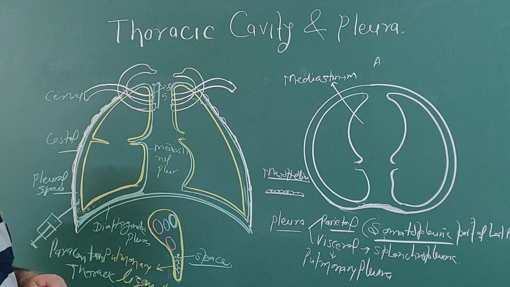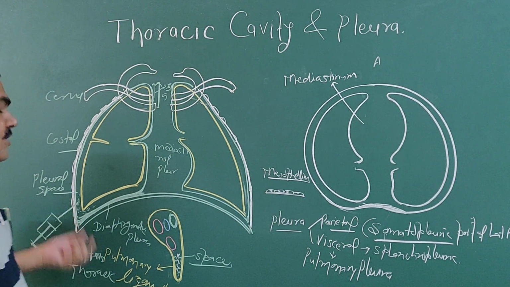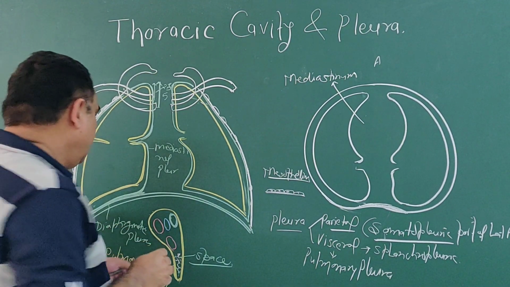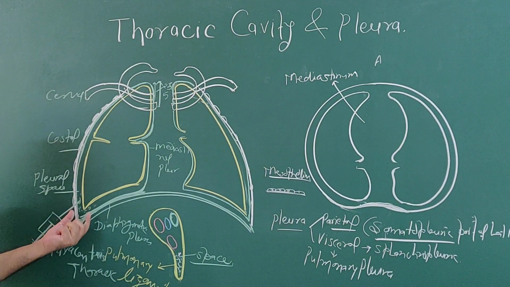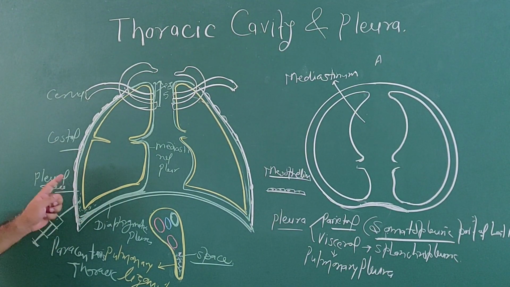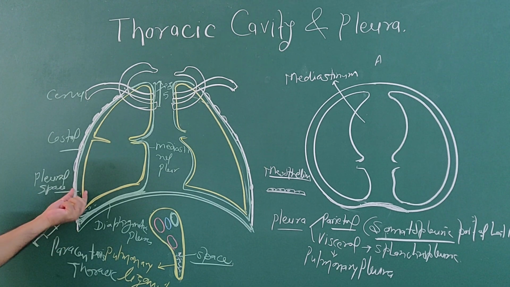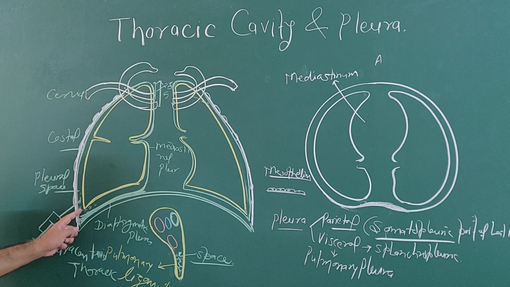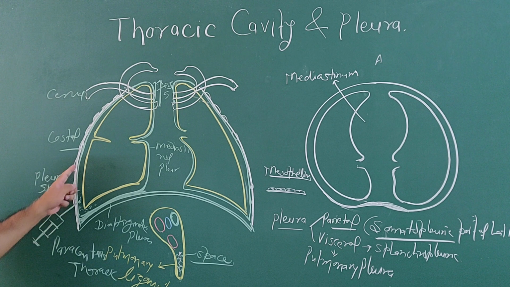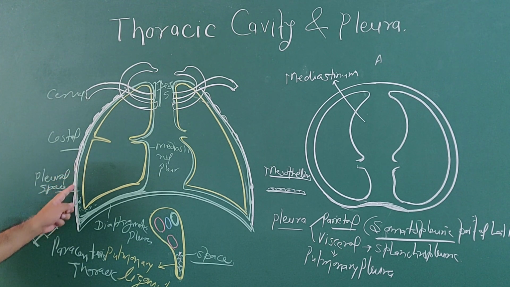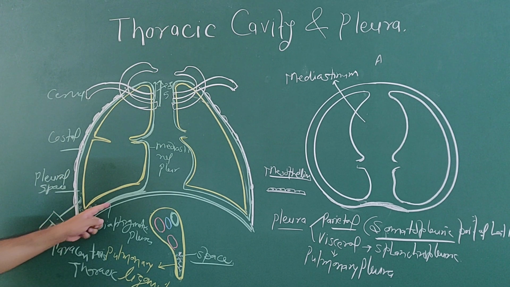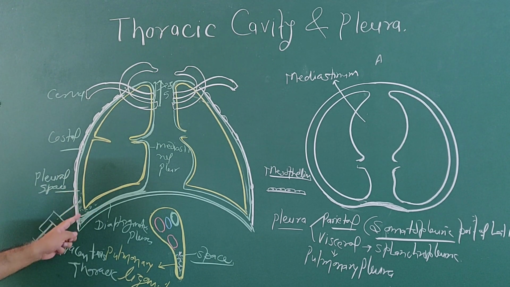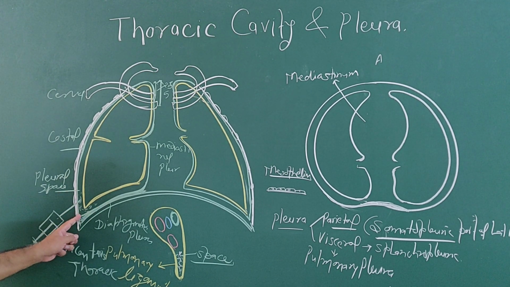And this fluid is usually accumulated, usually stored at the site of a recess. So here between these two layers there is a recess. This recess is between the costal part and diaphragmatic part. So this is costodiaphragmatic recess.